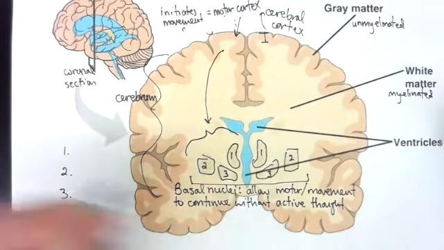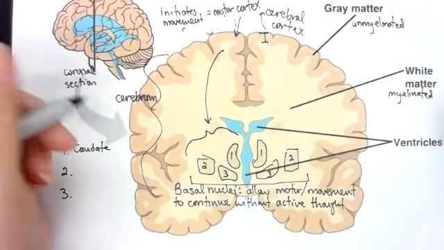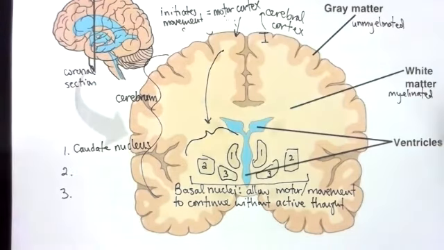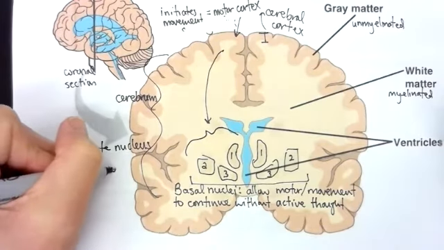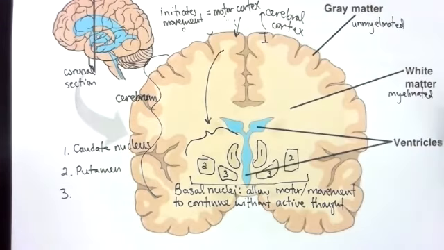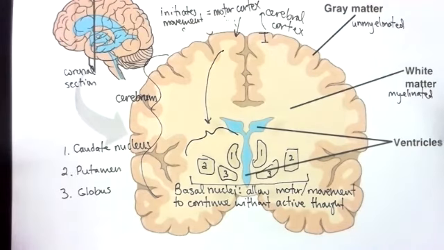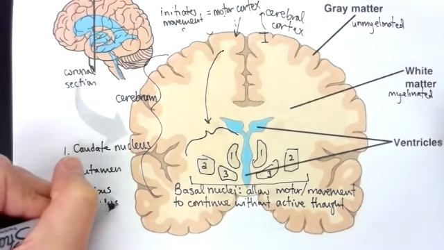The area labeled 1 is called the caudate nucleus, C-A-U-D-A-T-E. The area labeled 2 is called the putamen, P-U-T-A-M-E-N, and the area labeled 3 is called the globus pallidus, G-L-O-B-U-S P-A-L-L-I-D-U-S.